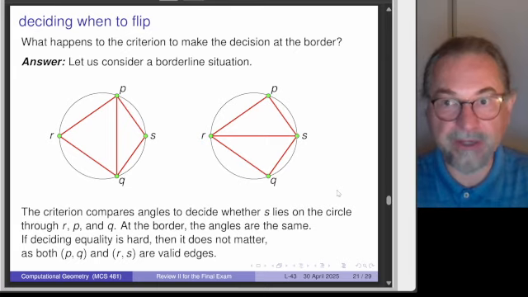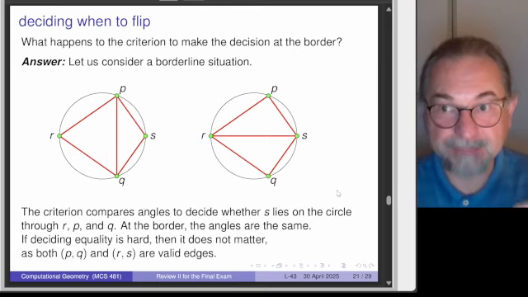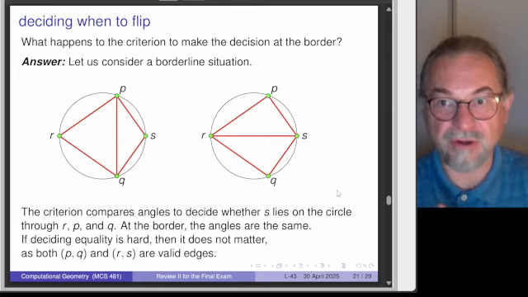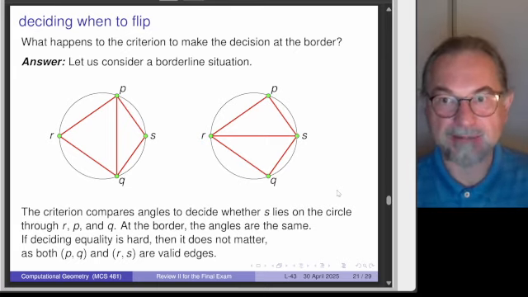So another way of saying both are valid edges. You cannot pick both at the same time. So this would be a very uncomfortable, a wrong case. You would not have both the edges PQ or RS.